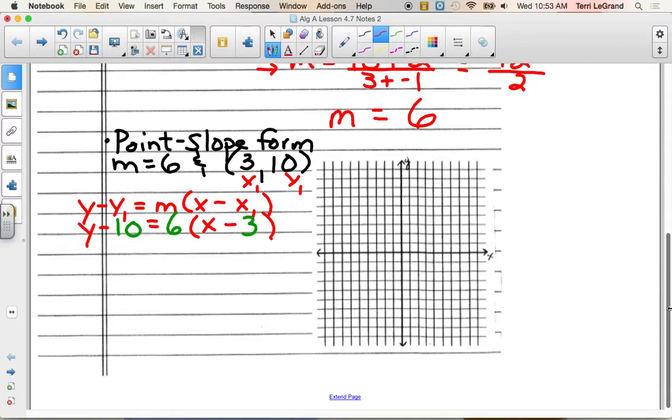And we're going to do what we typically do. So we're going to say this is going to become y plus a -10. This is going to become 6 times x plus a -3, doing our changing subtraction to add the opposite. Do it. Okay, why don't you guys go ahead and finish this up, because you know how. You really don't need me.